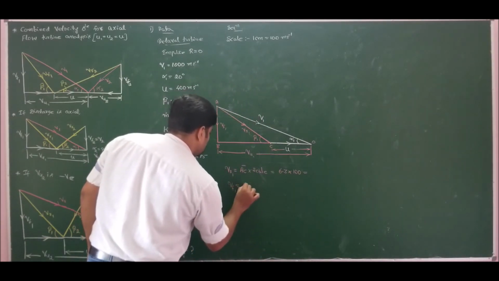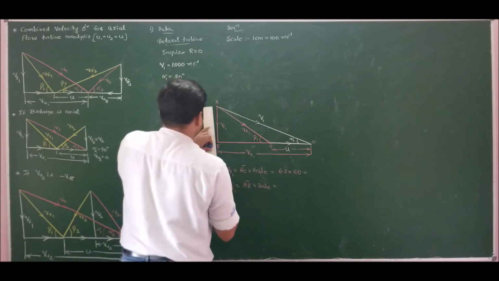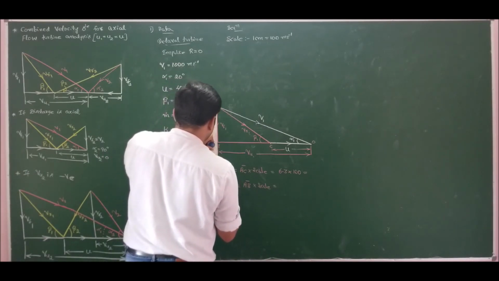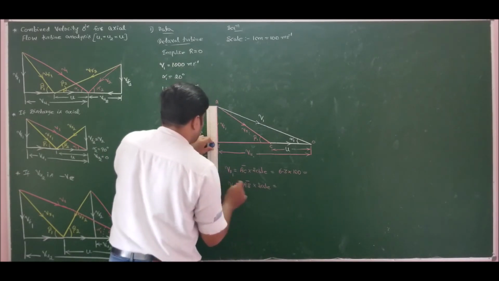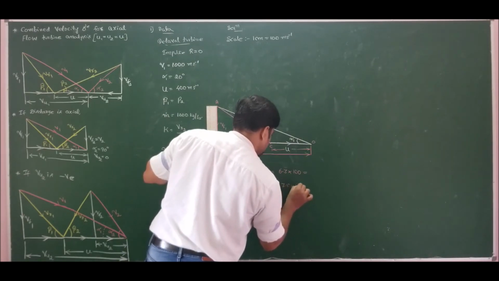VF1 is equal to line length AB into scale. Line length AB is 3.5 centimeters into scale 100.